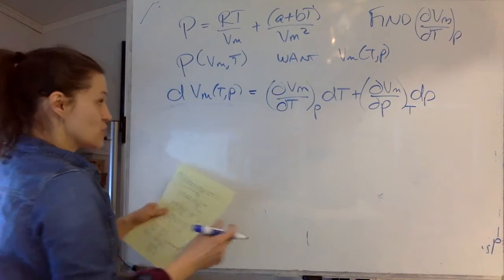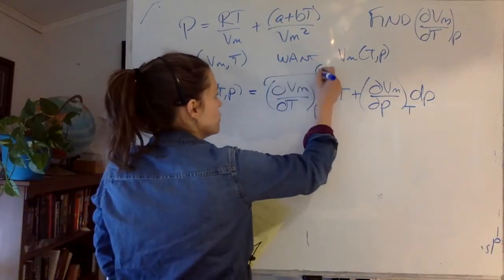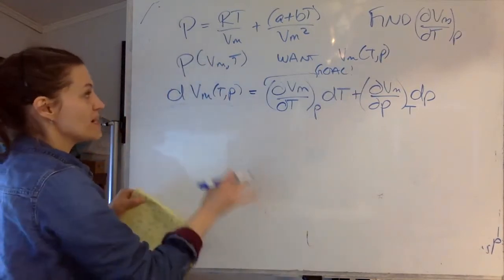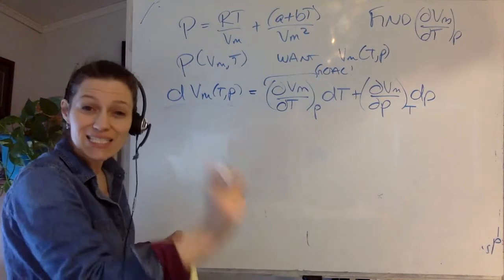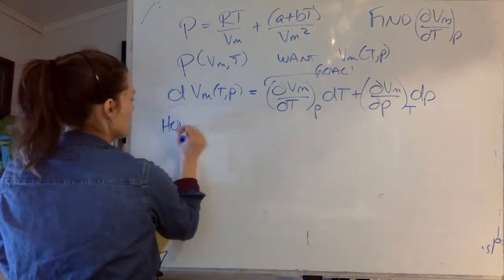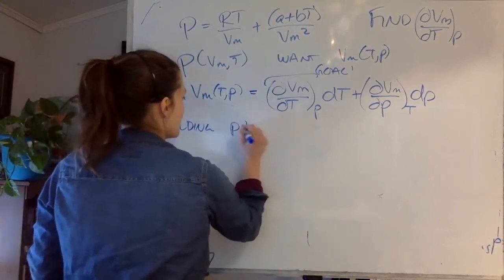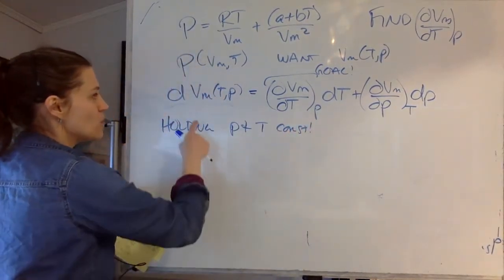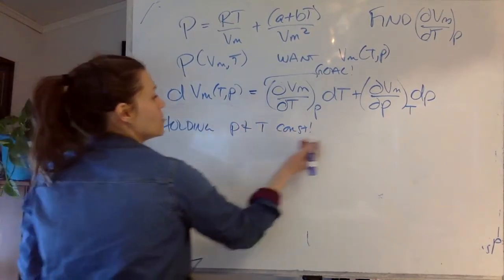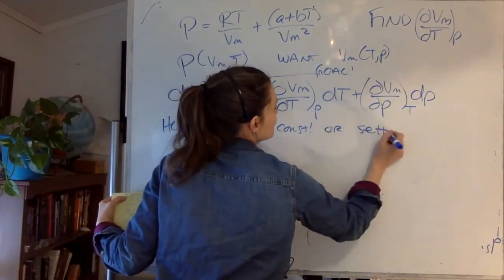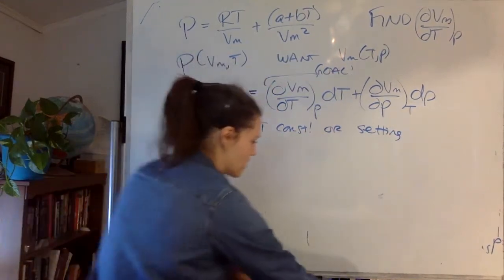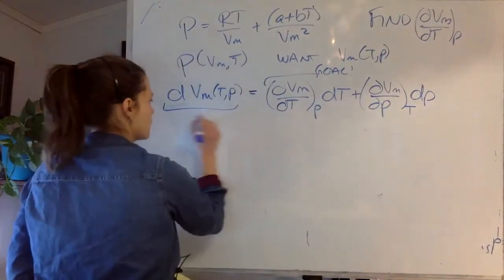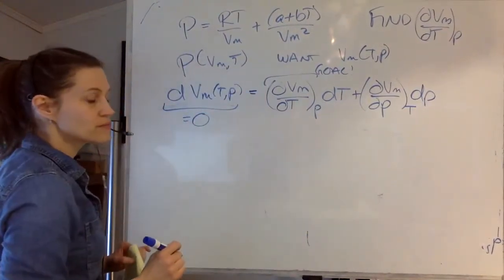Okay, so the goal is here. By constraining the system, and actually I'm not going to say it's by holding P and T constant, I am going to set dV equal to 0.